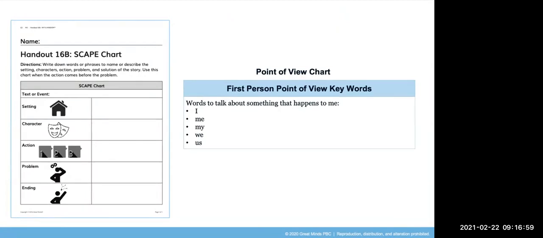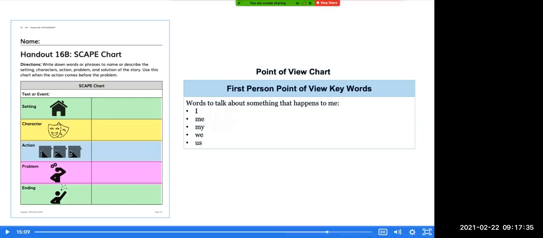As you practice your story or your narrative out loud, be sure to start with the setting, introduce us to the character or characters, tell us about the problem that happened in your story, and then the actions that your characters took. And don't forget to wrap up your story with an ending. Pause here to practice your narrative out loud. Just hit play when you're ready to continue.